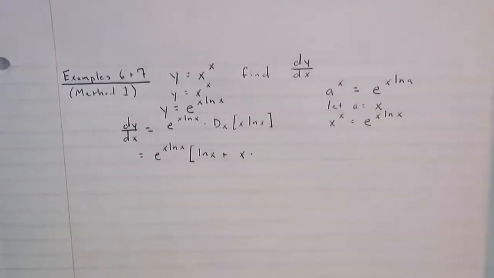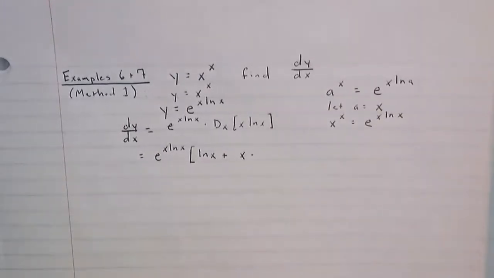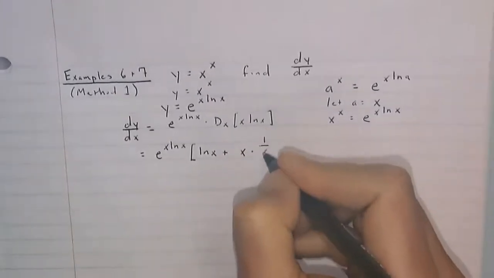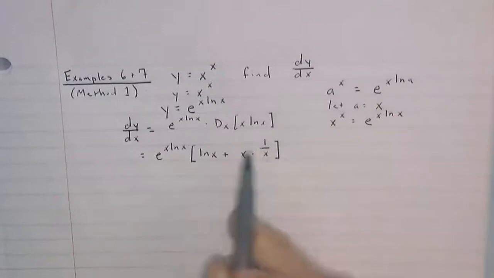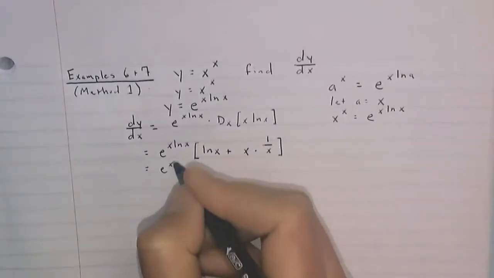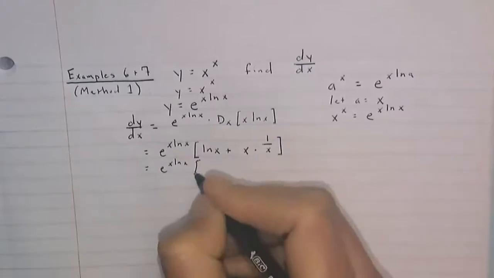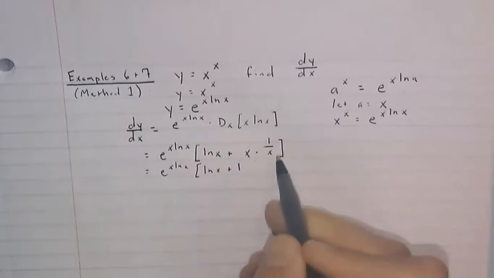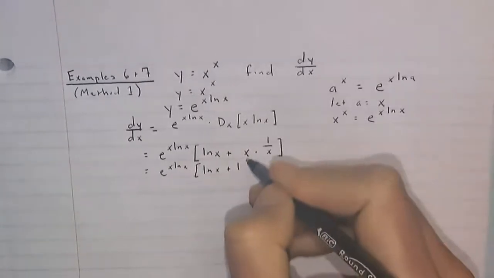What's the derivative of the ln of x? 1 over x. Oh, whoa, that's kind of fun. And so the derivative of x times the ln of x turns out to be the ln of x plus 1, because the x and the 1 over x cancel out.